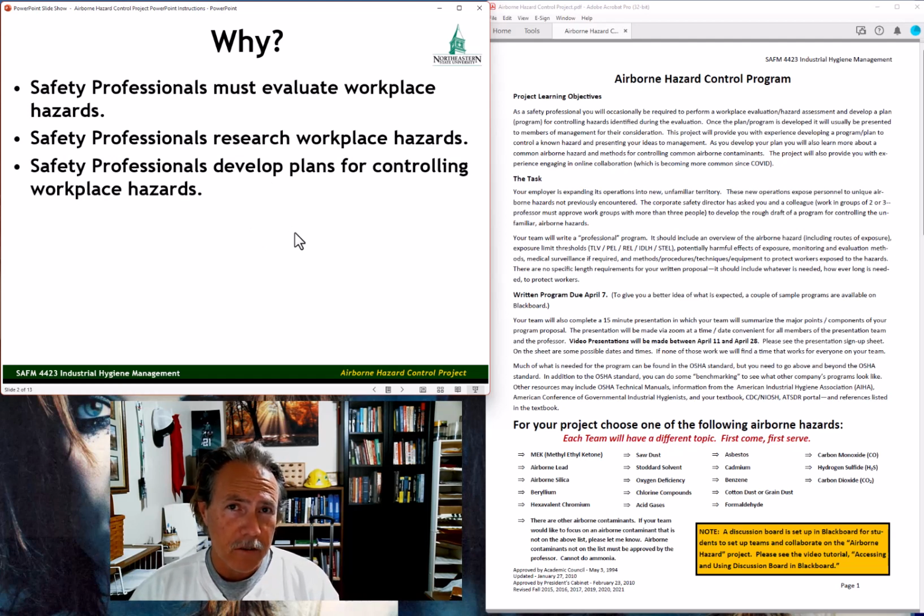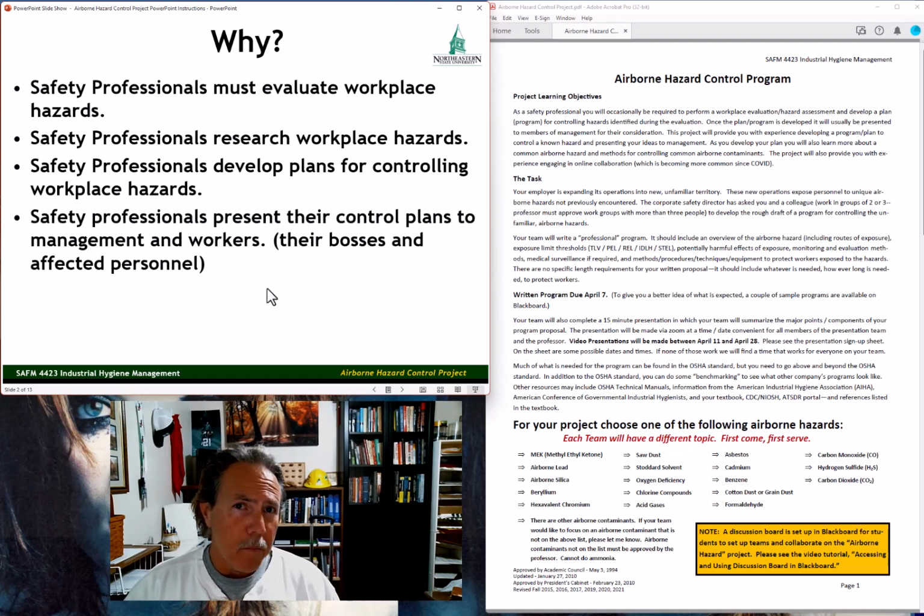Planning is a huge part of safety management. Safety is a product of planning. So the job of a safety professional a lot of times involves coming up with different hazard control plans, safe operating procedures, different types of plans that, once they're developed and proposed and accepted, would need to be implemented.